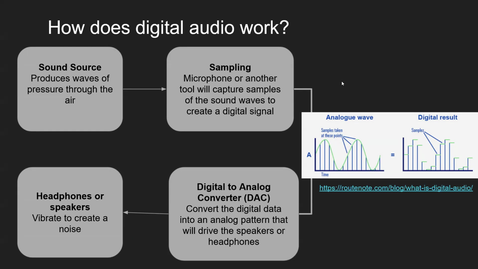So the microphone, or whatever tool you're using to capture sound, will create this digital array from the analog sound wave, and that's where we'll do our Python manipulations. Then on the laptop or whatever system you're using, a digital-to-audio converter takes that array of points to vibrate your speakers or headphones to create the same sound waves that you'd recorded.